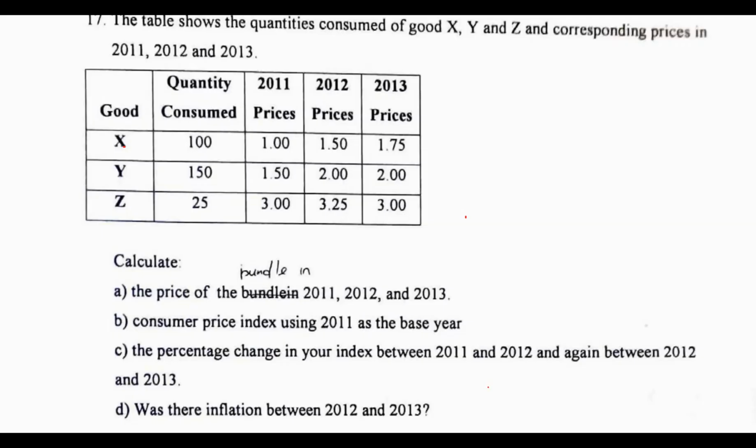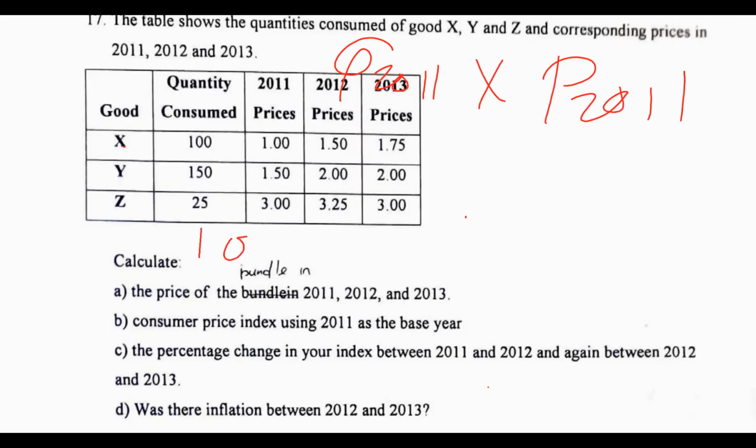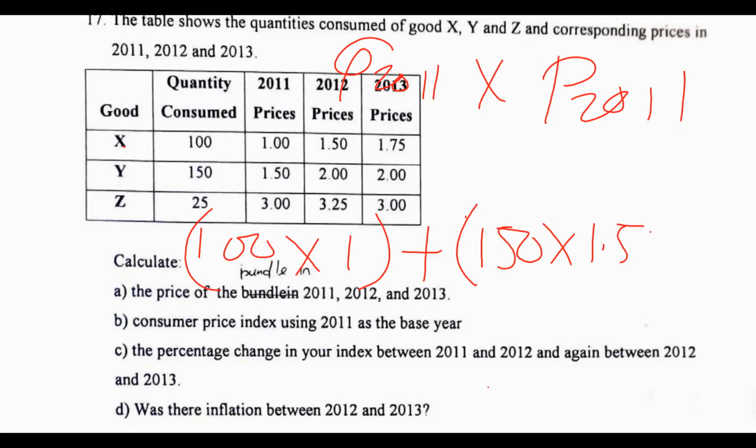Okay, so you use the quantity for 2011 times the price for 2011. What is the quantity for 2011 for good X? It's 100 times the price, which was 1, right? Plus good Y, 150 times 1.50, plus 25, that is good Z, times 3/4.